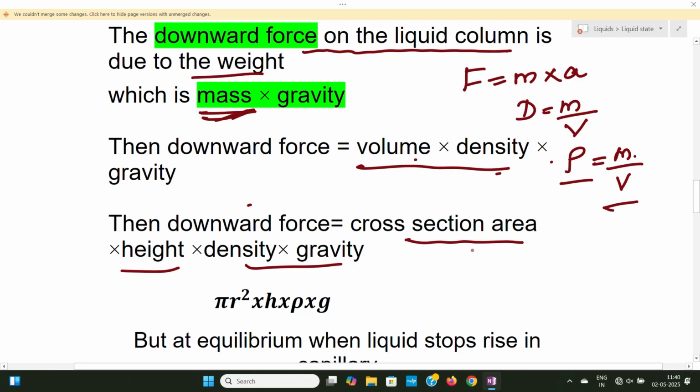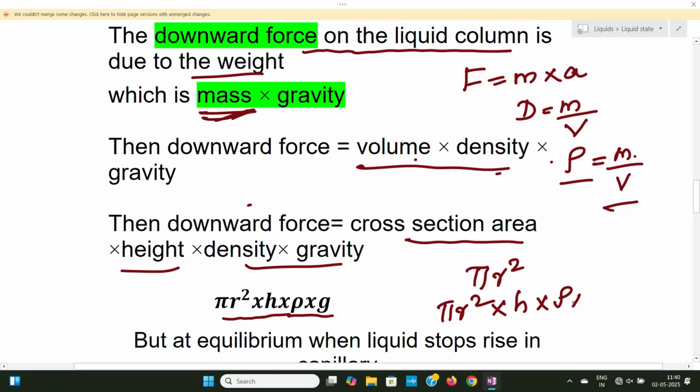In the case of a circle, the area is pi r square. Therefore, the downward force is equal to pi r squared into h into rho into g: pi r squared is the cross-sectional area, h is the height, rho is the density, and g is the acceleration due to gravity. This is the downward force.